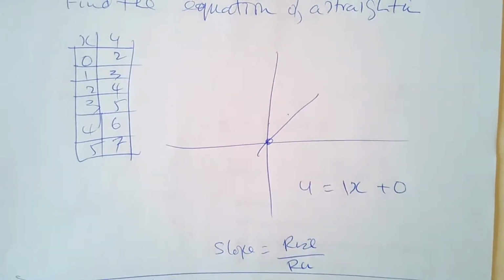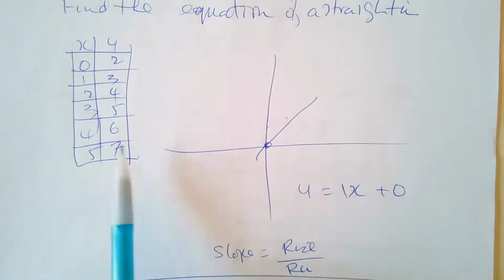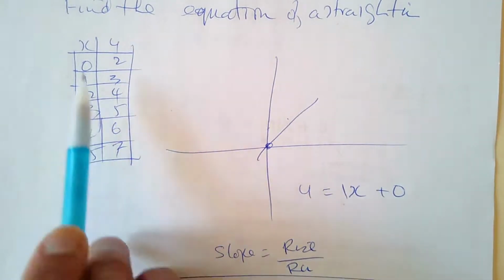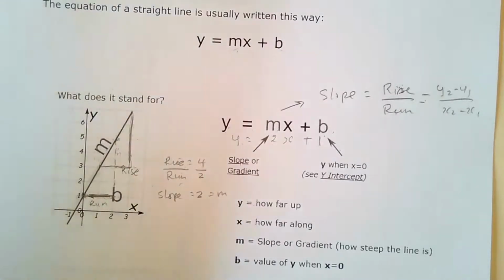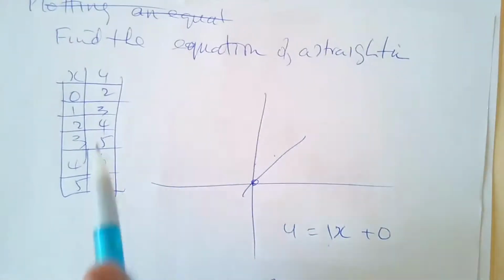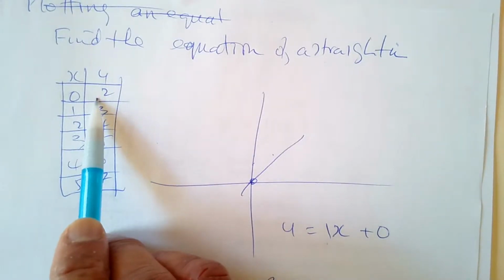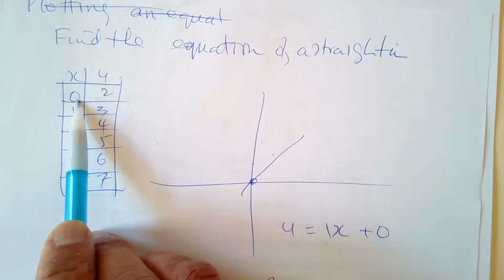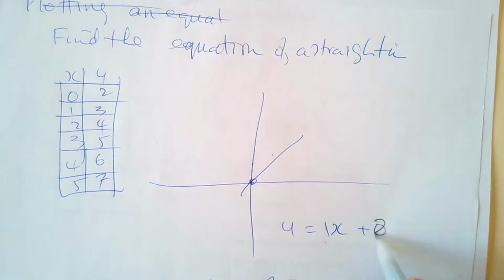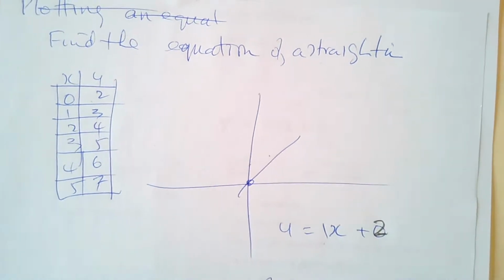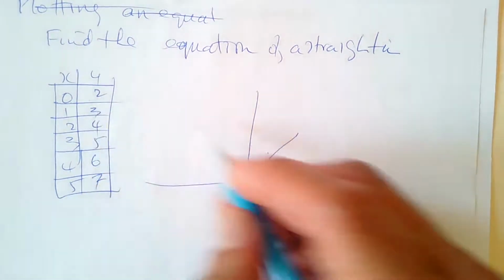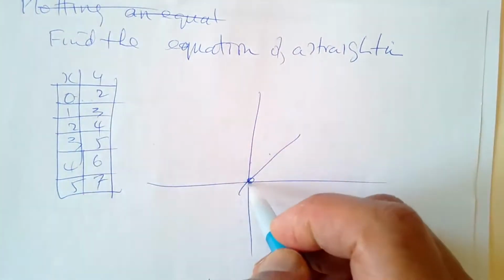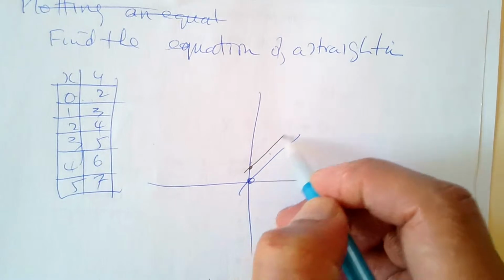If I were to do some other scale, which I did here, y is equal to x plus 2, my y-intercept is where x is 0, y is 2, etc. Yes, x is 0, and y should be 2 here. So this graph here, if we look at it, x is 0, y is 2, should be up here.